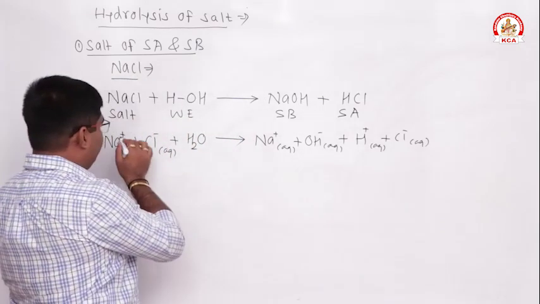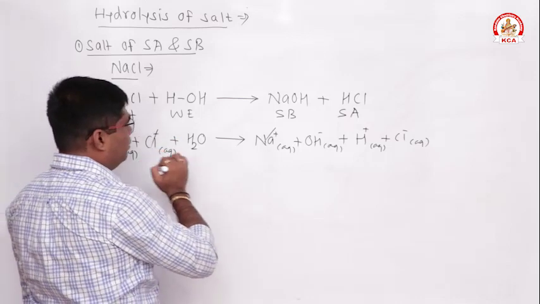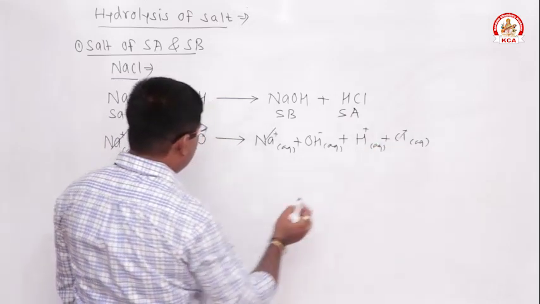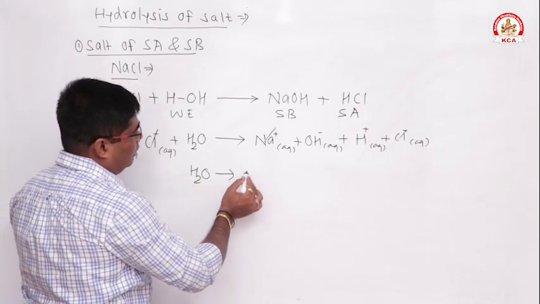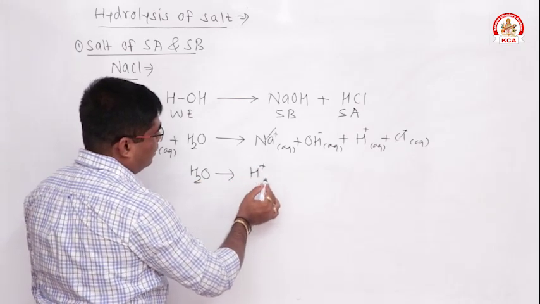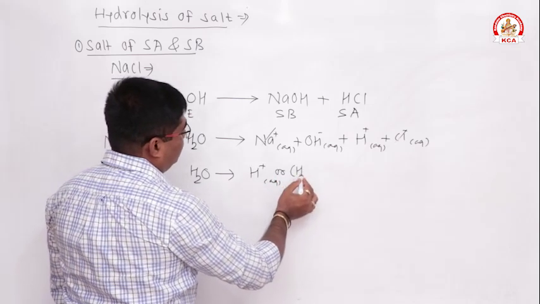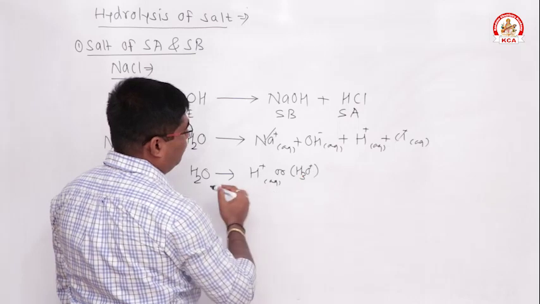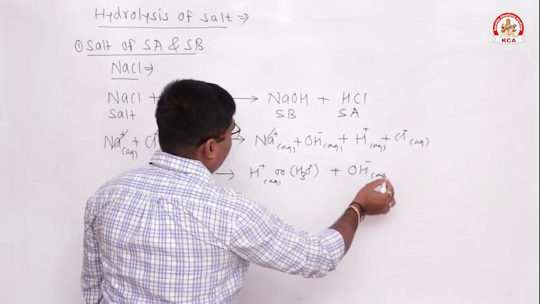Now see this, Na plus common on opposite sides gets cancelled, Cl minus also Cl minus. So what is here? H2O, and then for simplification H plus aqueous or H3O plus aqueous, both having the same meaning, and then OH minus aqueous.